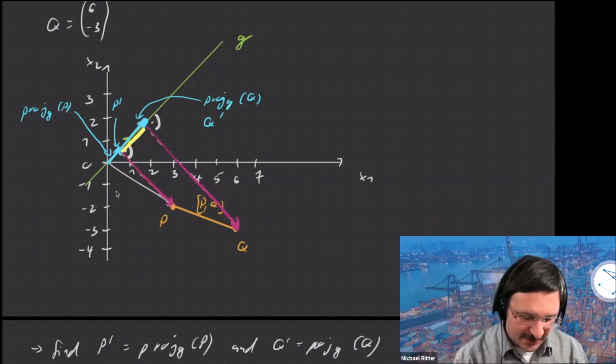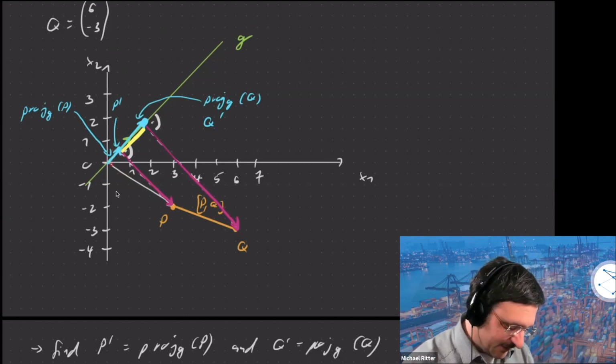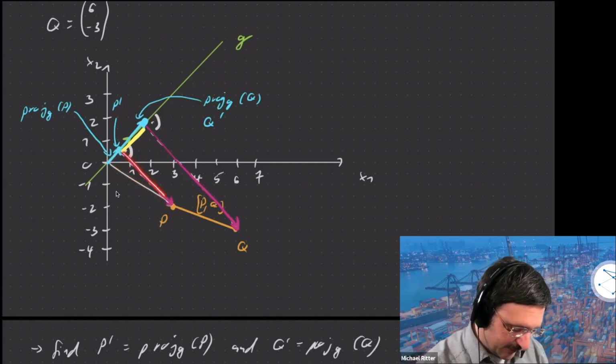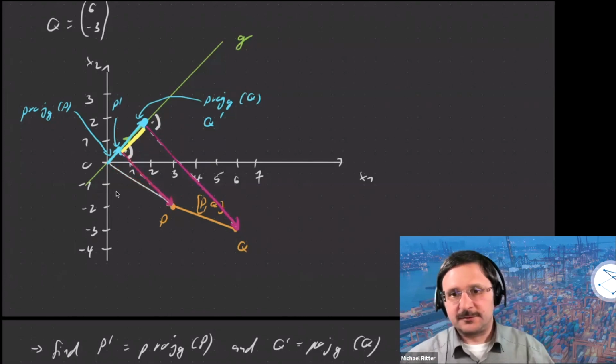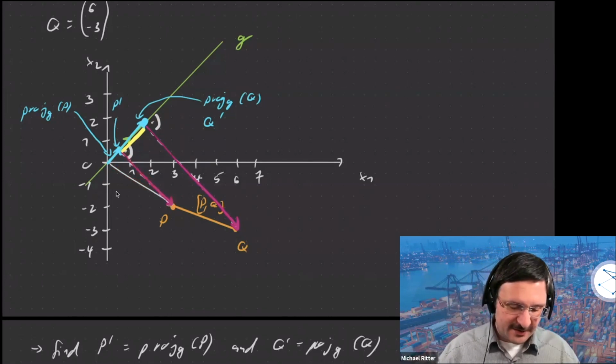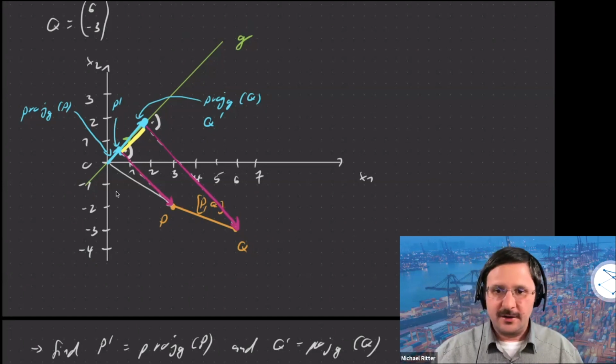The projection gives you the part that is inside G, or parallel to G if it's a line. And then what is left, so the difference, this vector minus this vector, would give you the orthogonal part here. So basically we're decomposing that into a part that is in that subspace G and a part that is in the orthogonal space to G.